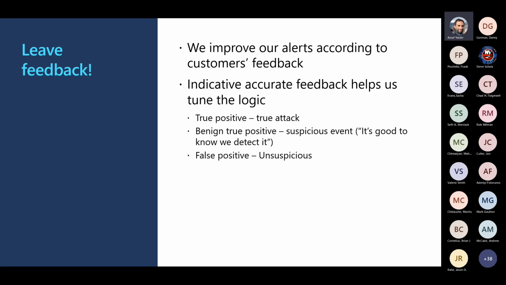For example, the story of the failed logins. We got a lot of feedback that it's not helpful. We did a research security review on it and decided to improve it. And the more good feedback we have with scenarios, the better it will help us tune the alerts.